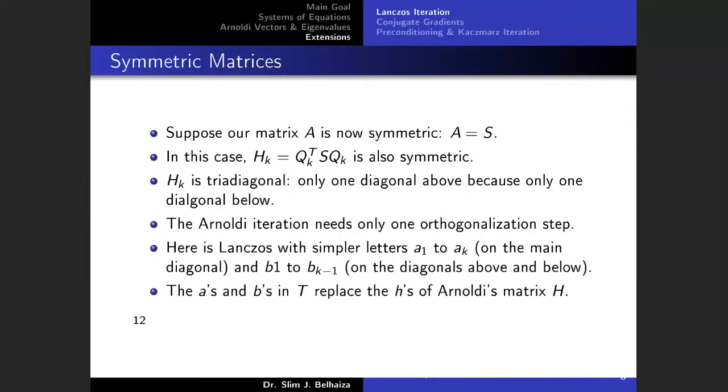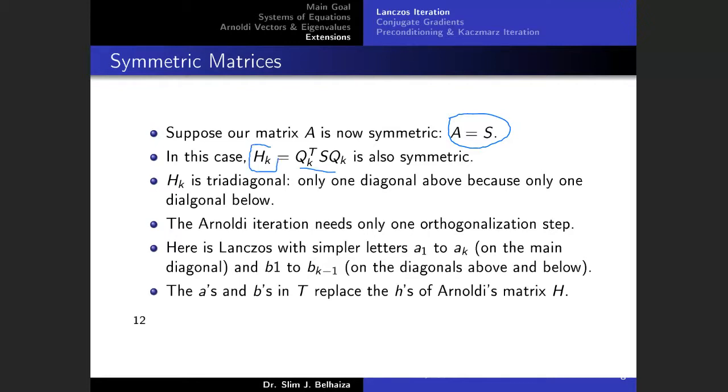Okay. Now I will move on to another extension. So the last part of the talk is about extensions of numerical linear algebra. First of all, what happens if A is equal to S, a symmetric matrix? In that case, in fact, you will end up with the H matrix, which is symmetric.